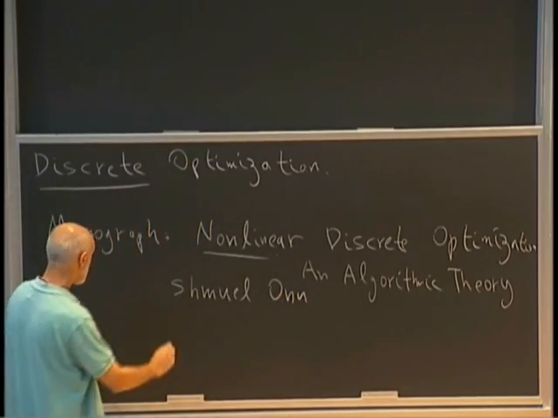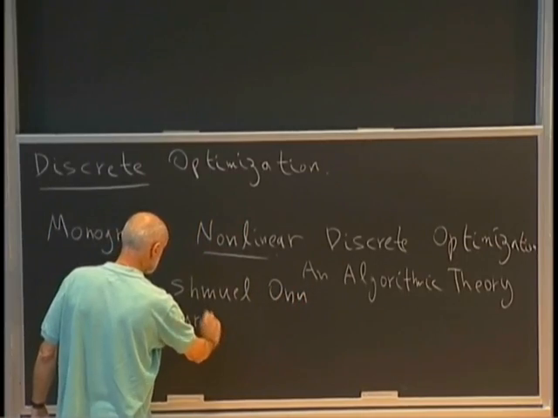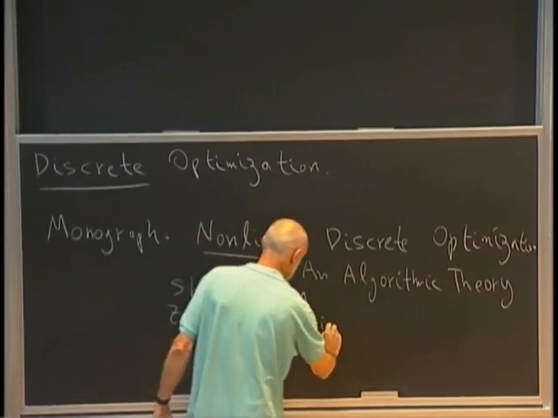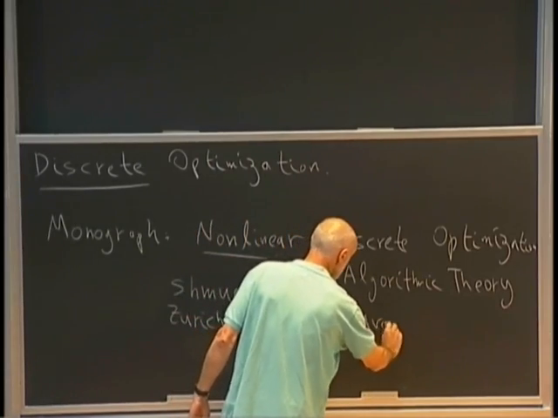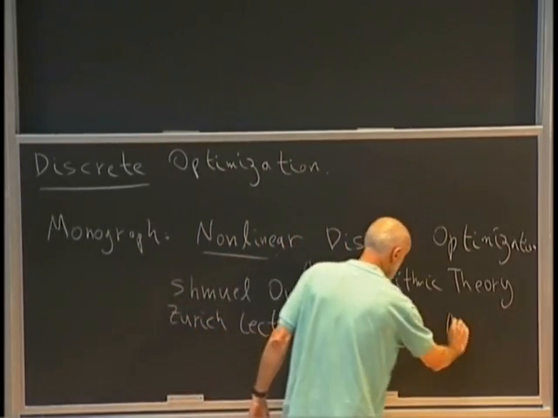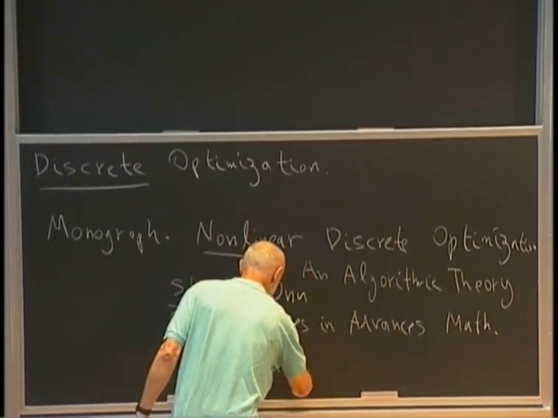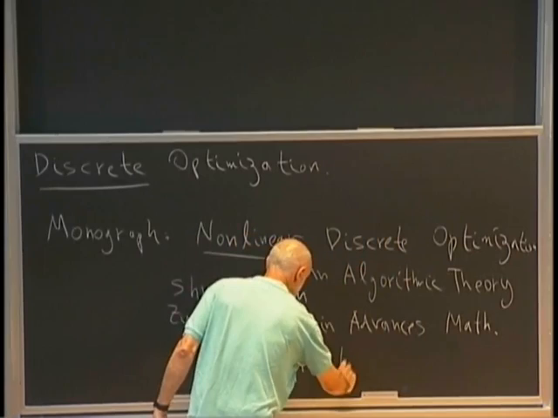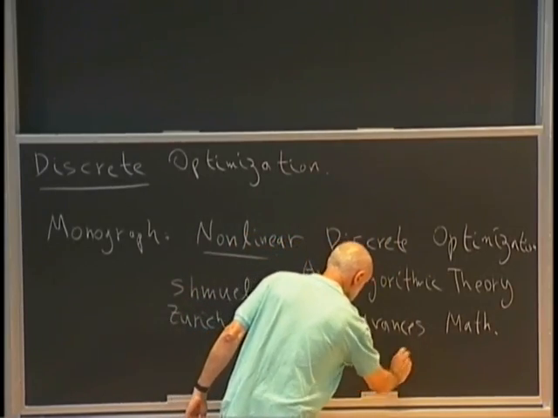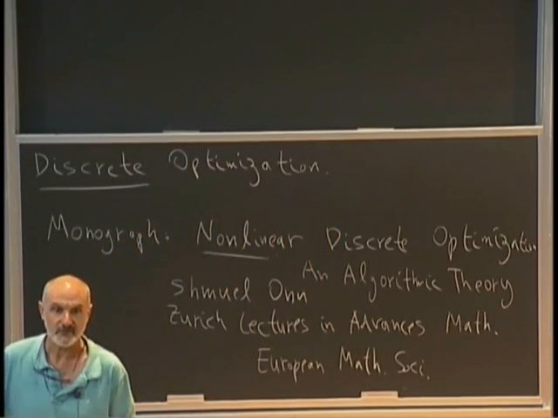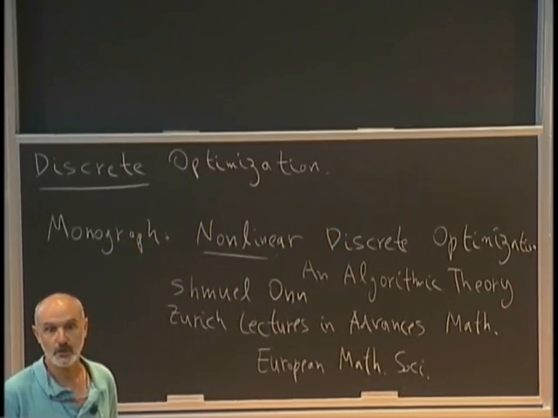It's going to appear in the Zurich Lectures in Advanced Mathematics, which is published by the European Mathematical Society. It's a 150 pages book, and it's going to appear in a few weeks.